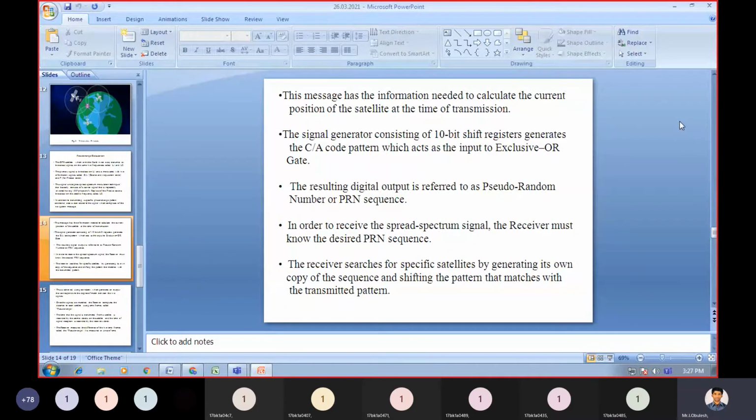In order to receive the spread spectrum signal, the receiver must know the desired pseudo random noise sequence.